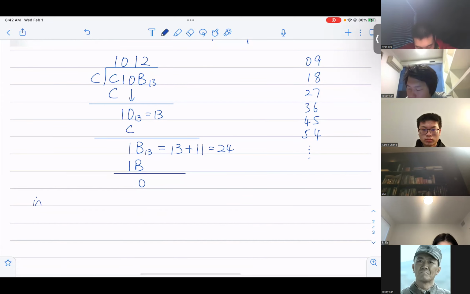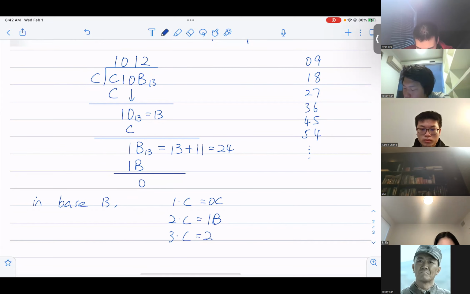So for example, in base 13, the multiplication table for 12, which is C, is going to be 1 times C is C, which is 0C. 2 times C is actually, you increase the first digit by 1 and decrease the unit digit by 1, so 1B. 3 times C, 2A.